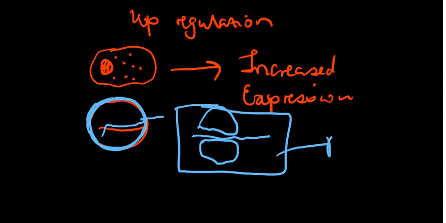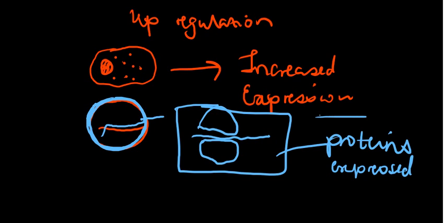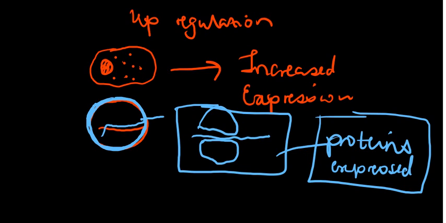We are going to have more proteins being expressed. For a protein to be expressed, it's dependent on what is happening inside the nucleus. You can't have translation without transcription.